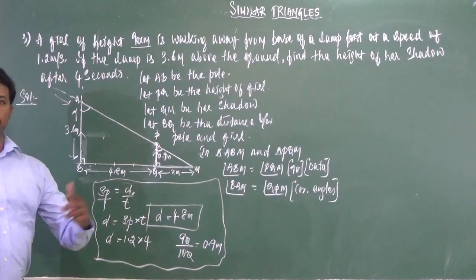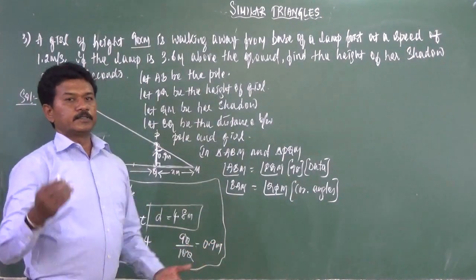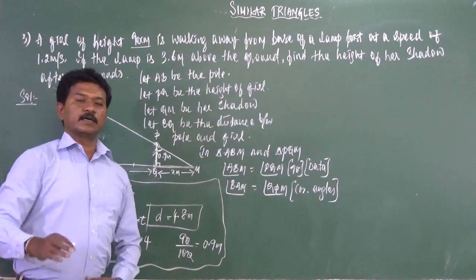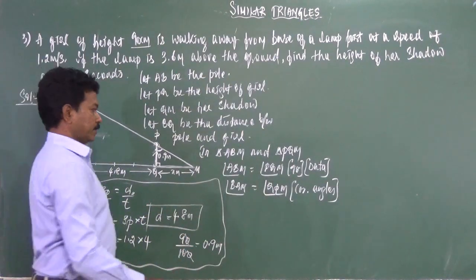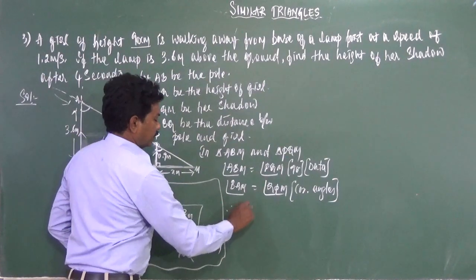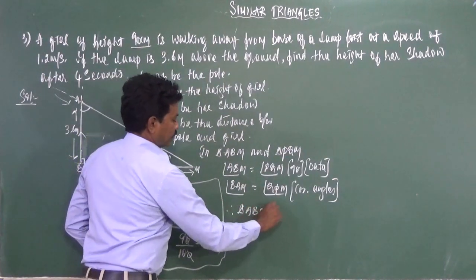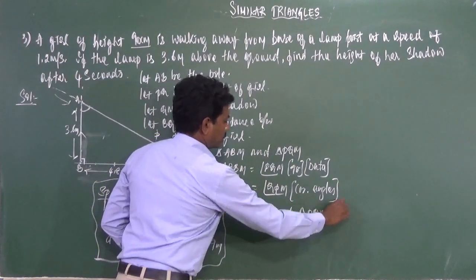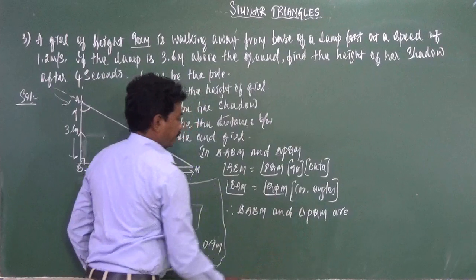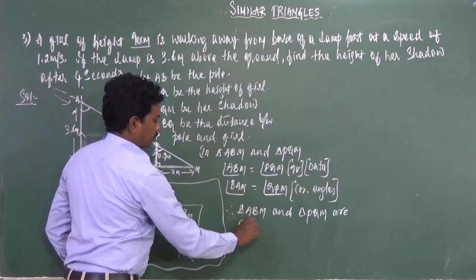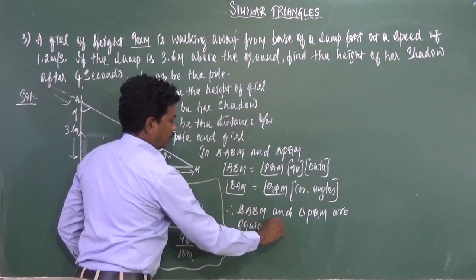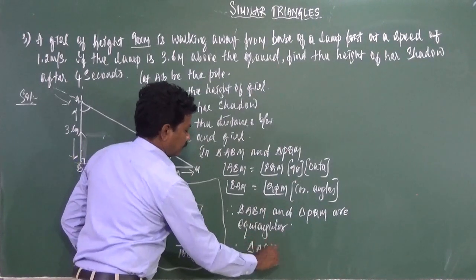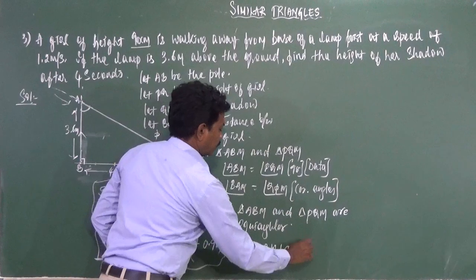So both the triangles are equiangular as usual. If two triangles are equiangular, according to a criterion, both the triangles are similar. So therefore, triangle ABM is similar to triangle PQM.